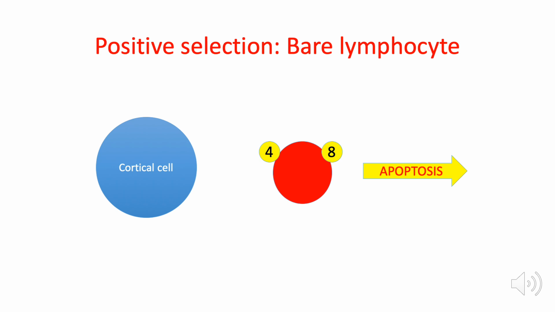Thus, these double positive T cells will be subjected to apoptosis, leading to decreased CD4 positive T cell count. And if these T cells are of low levels, then expect that the functions of the B cells will also be greatly affected.